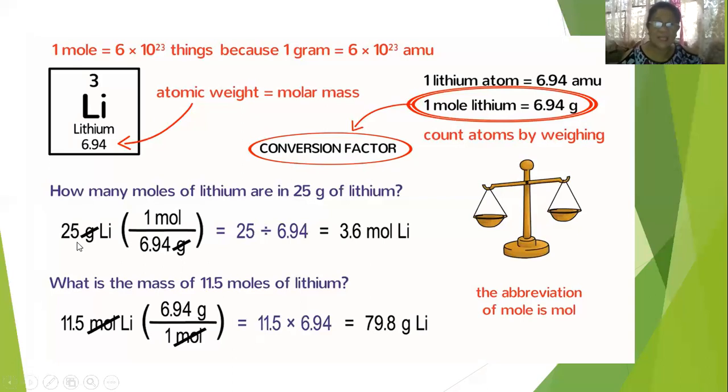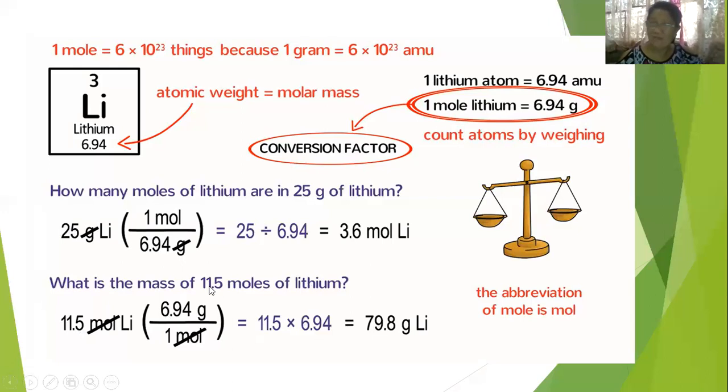Here, the given is grams. The next one, the given is mole, and you are going to convert that into grams. So other way around, same thing, but you are going to multiply it as you have seen in our guide. You are going to multiply it by our molar mass.